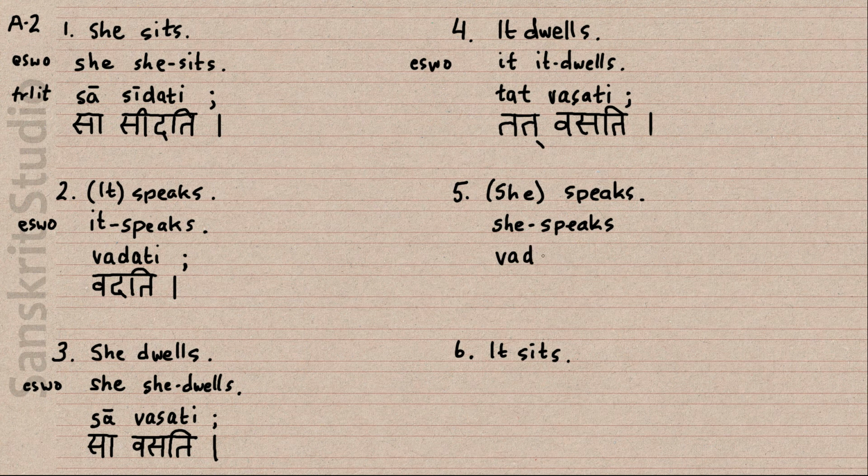So vadati, and end of sentence there. Maybe I should always write this out here, and then we do the Devanagari here, va, and then we do our da, and another one of those t, vadati.